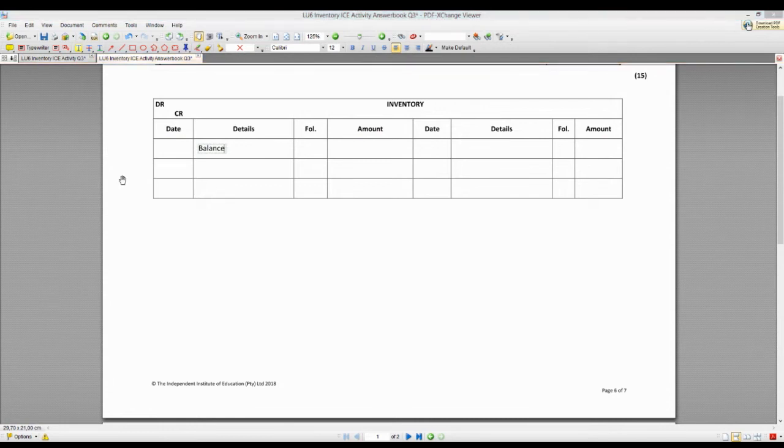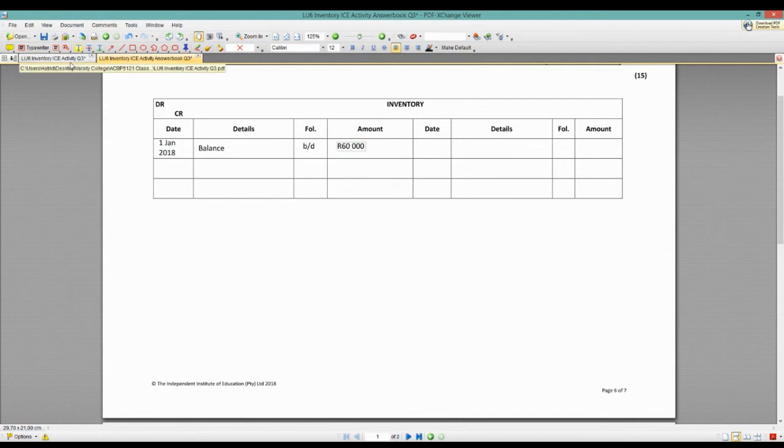It's on the 1st of January 2018, and the folio number would be brought down. And the balance here would be 60,000. So that is just the opening balance for our inventory.